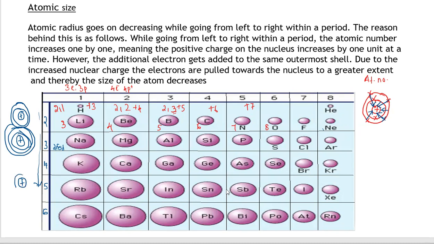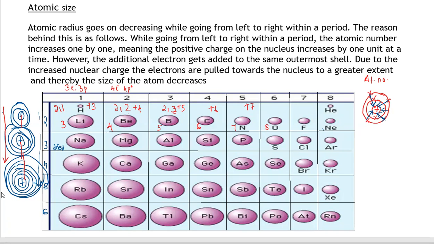This is the nucleus, 1, 2, 3, 4, 5. Number of shells increases. So as we move from top to bottom in a group, the number of shells increases. So the distance from the nucleus to the outermost shell increases. That is why in a group, as we move from top to bottom, atomic size increases.